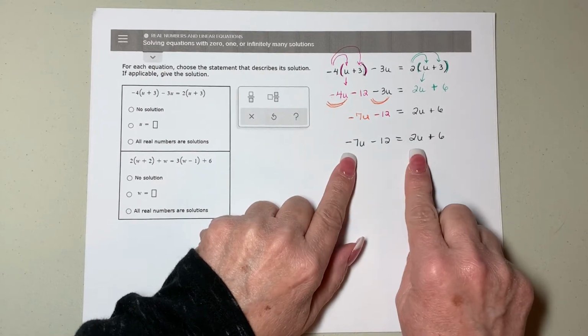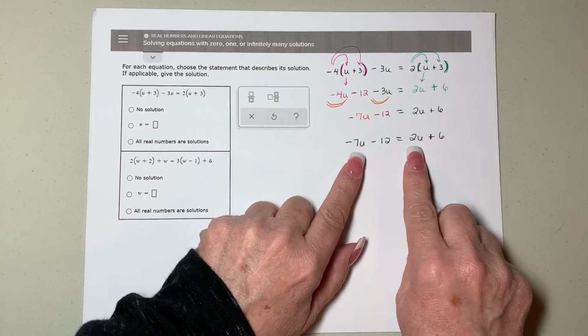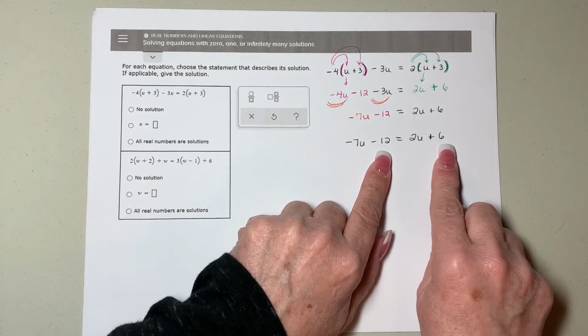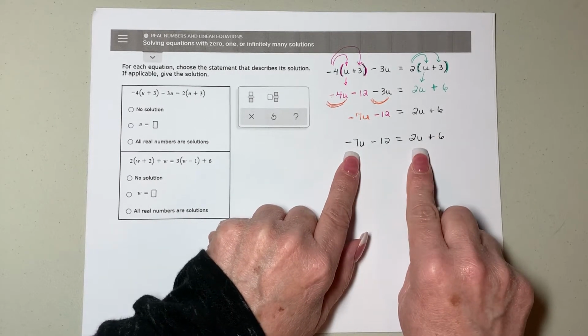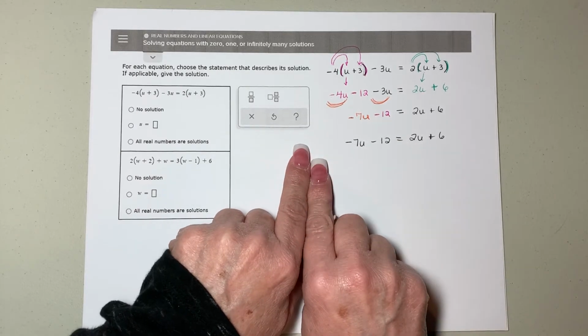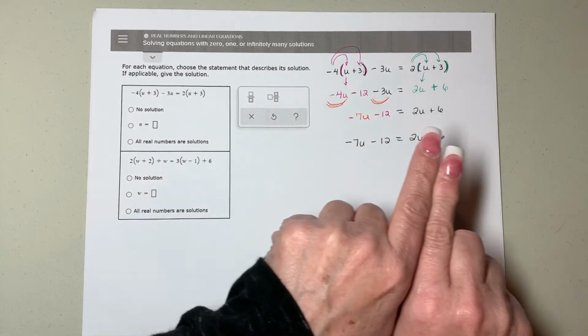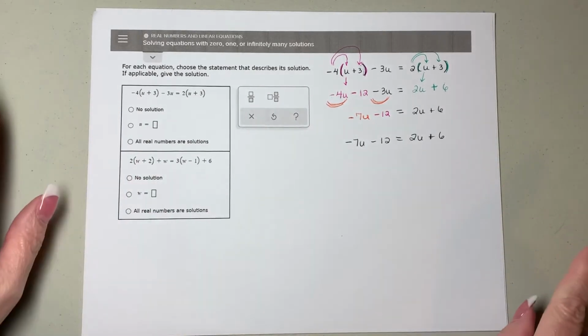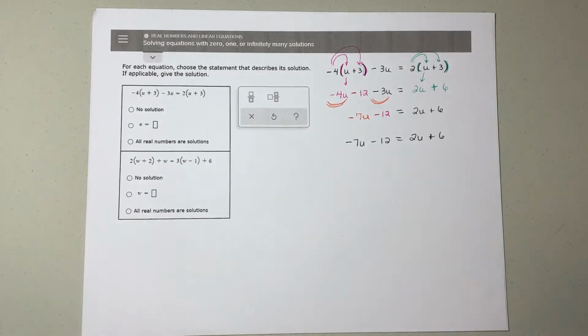both sides of the equation have 2 terms, and they both have a term with a variable and a term without a variable. Your job is to get all the terms with the variables on one side and all the terms without variables on the other. And it really doesn't matter which side you get them on. That's a personal choice.